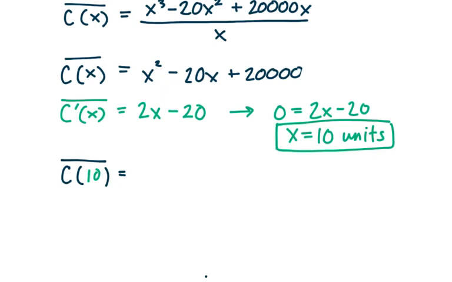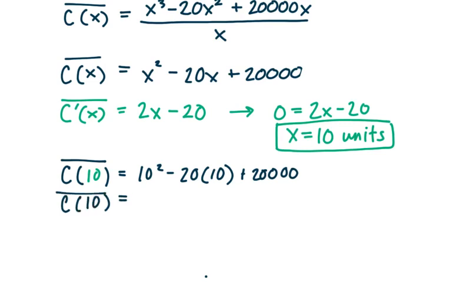If I plug 10 into my derivative, I'm going to get out 0. So that would be 10 squared minus 20 times 10 plus 20,000. So C of 10 bar is 19,900. That is the average cost at 10 units.